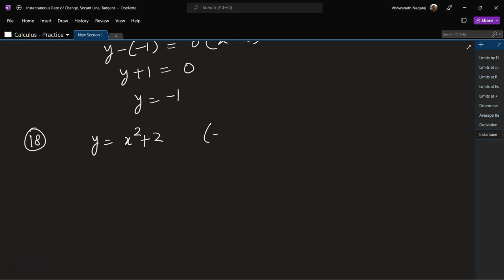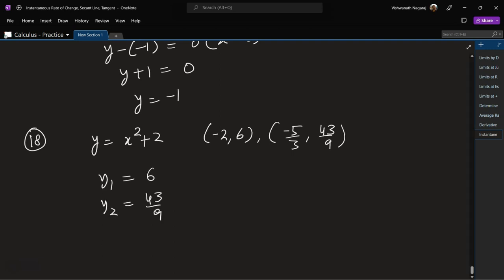And the points given are minus 2, comma 6 and minus 5 by 3, comma 43 by 9. Okay, y1 is equal to 6, y2 is equal to 43 by 9. x1 is equal to minus 2, x2 is equal to minus 5 by 3.